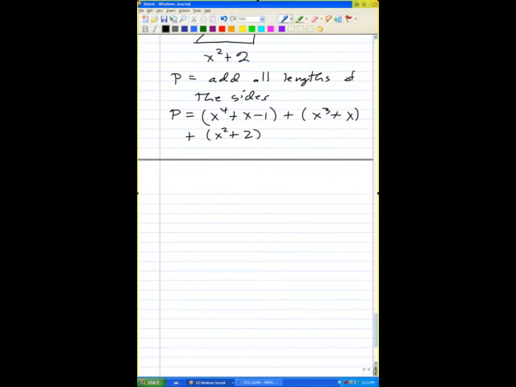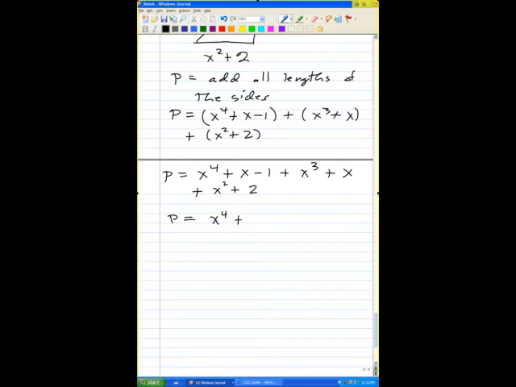So let's add these. Let me get rid of all the parentheses. So x to the fourth plus x minus 1 plus x cubed plus x squared plus 2. The highest term is x to the fourth.